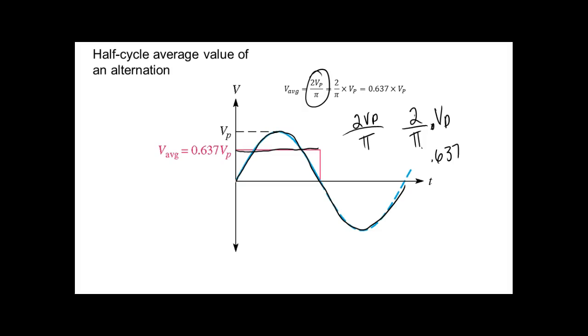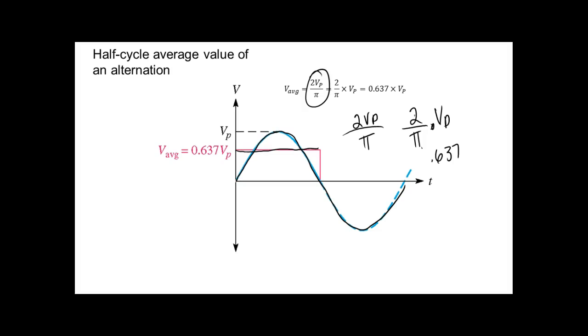To me, it's a lot easier to keep up with 2 V peak over pi than try to keep up with this 0.637, because I know it's generated on a circle. All your AC formulas deal with pi. So 2 over pi is going to be 0.637. If we multiply that by V peak, that will give us the average value of an alternation.